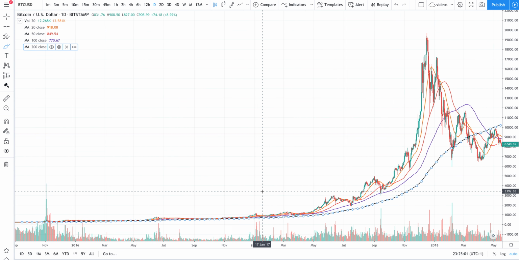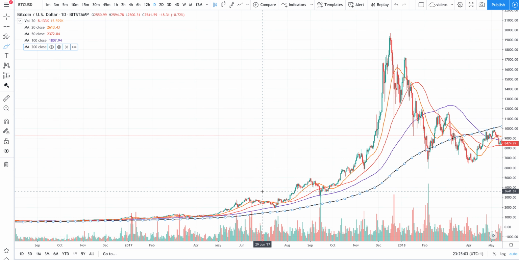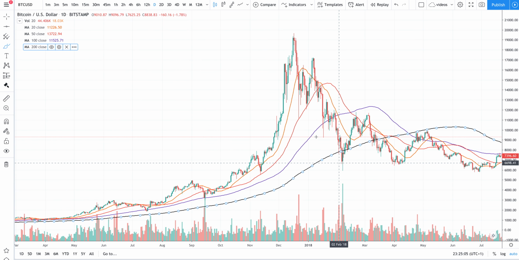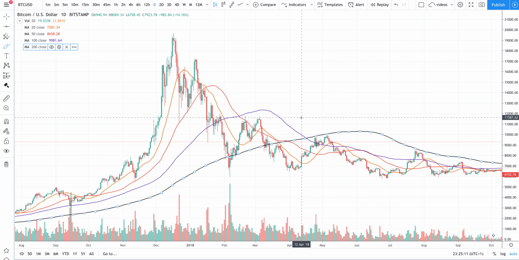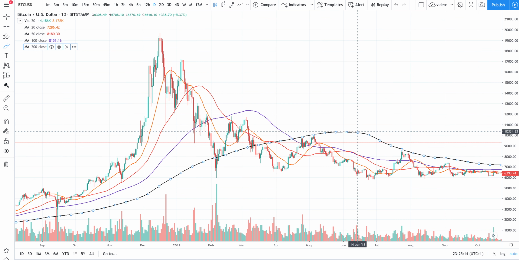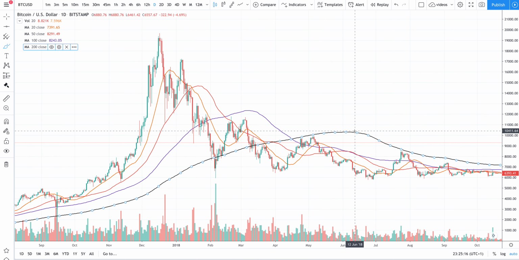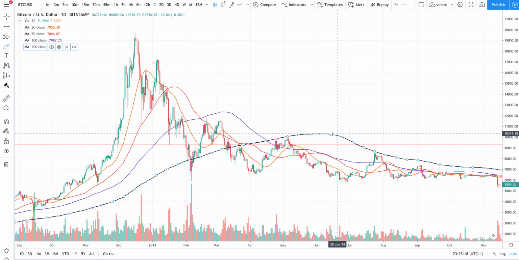Okay, so this is a clear bullish trend, while they started moving down almost all, especially here in June of 2018.